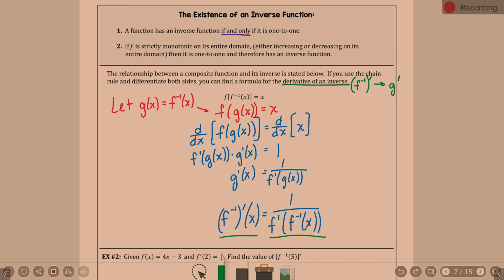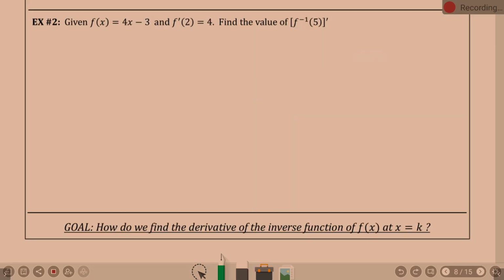Okay? I'm trying to think where I want to start here. So they give me an f function, and they give me an f derivative at 2, which we'll need later.